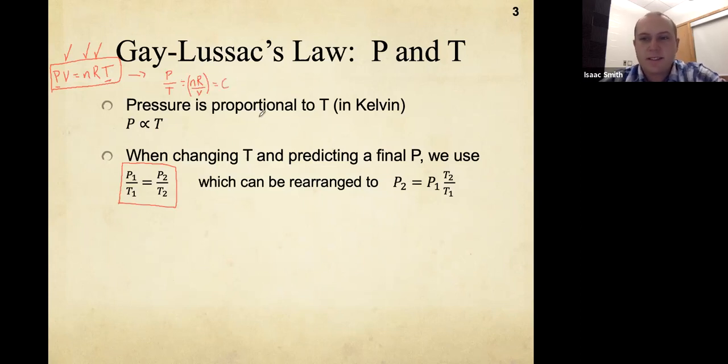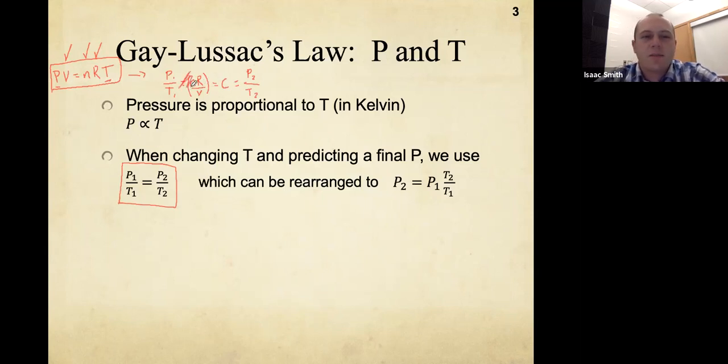And because this is a constant and P over T is proportional, even if we change the pressure, so let's say this is P1 over T1, the temperature is going to have to change with it because they're proportional. So at some other pressure, it's going to give another temperature, all related by this constant.